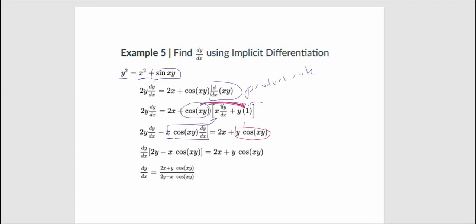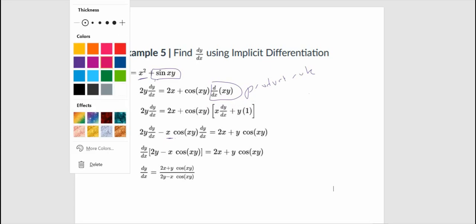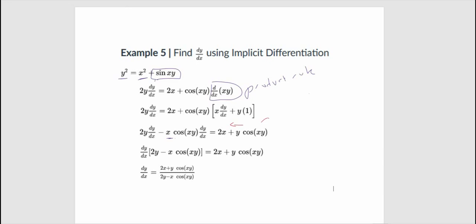Now, I would have actually put a step in between there to maybe make that just a little bit clearer. Okay, so I think possibly if we stuck in between here, 2y dy dx equals 2x times cosine of x plus cosine of xy times x.